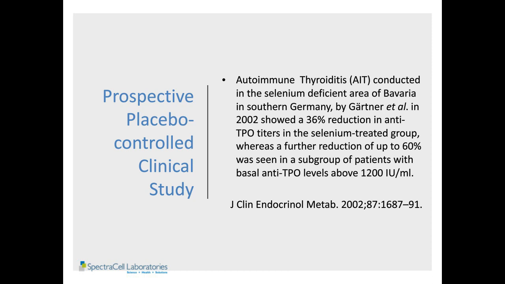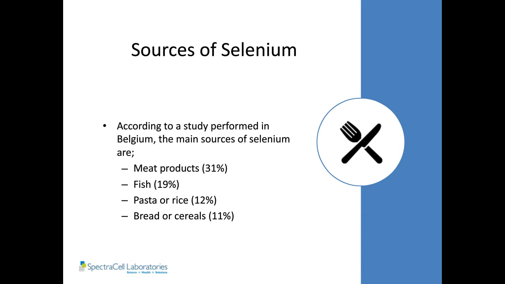Now, what are some sources, once again, of selenium? We talk about meat products. You can see they have about 31%, but a lot of people consume, once again, these grains, whether it's pasta or rice or cereals. And even though it doesn't look like a high percentage, if you think about kids and maybe your family, how many of you really eat a lot of fish on a weekly basis?